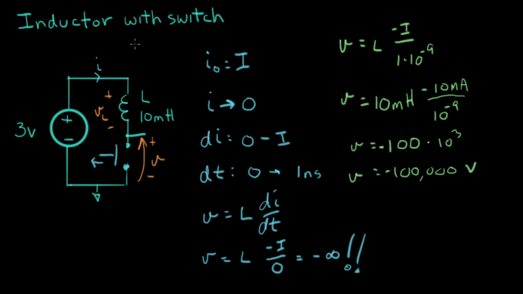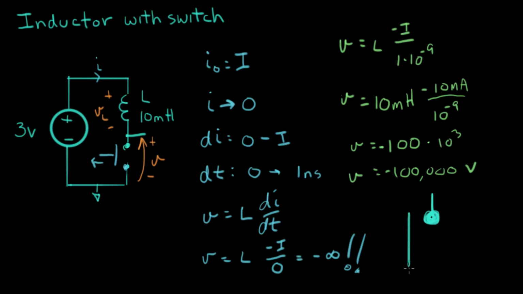How can this be? This is a puzzle about inductors that we actually have to solve by looking right up close at what's going on here, right in this switch area. So this is where reality comes in and saves us from the crazy results we're getting from our ideal equations. So let's pretend here's the terminal of the switch right here. Let's do a blow up.